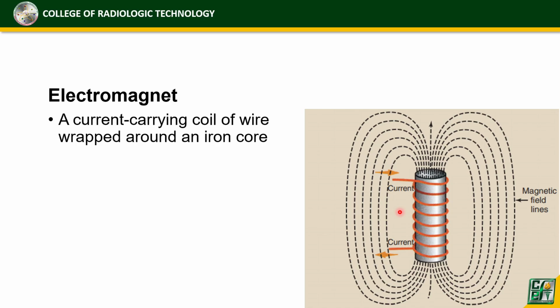Example ng electromagnet. Electromagnet is produced by wrapping a coil sa isang metal, tapos padadaluhin yung electricity at magkakaroon na siya ng magnetic field. So, electromagnet, a current carrying coil of wire wrapped around an iron core.